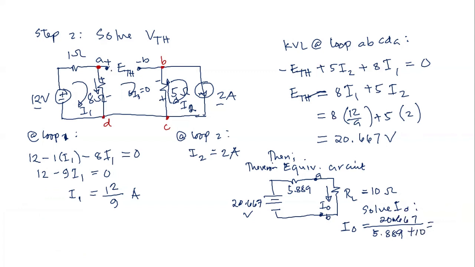So the value, if we solve it, is equal to 1.301 amperes. Okay, that's how to solve for the unknown in a complex circuit using Thevenin's theorem.